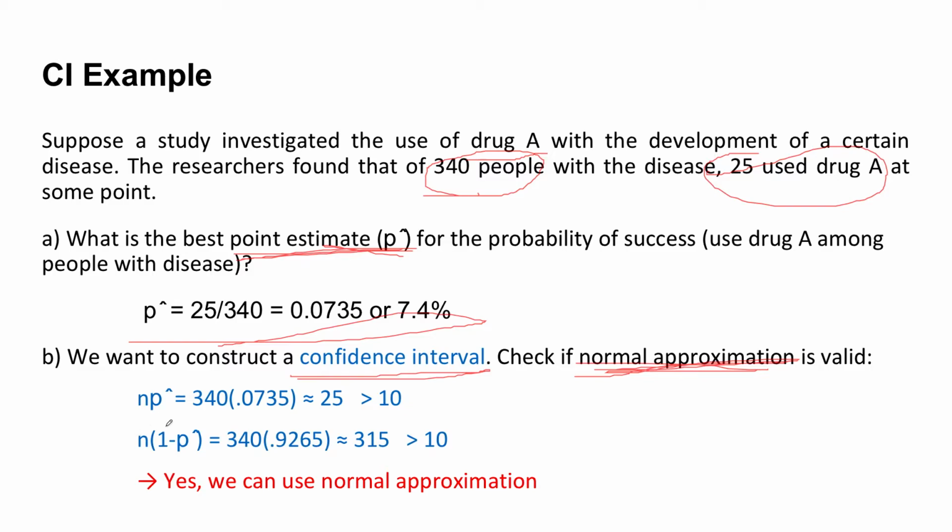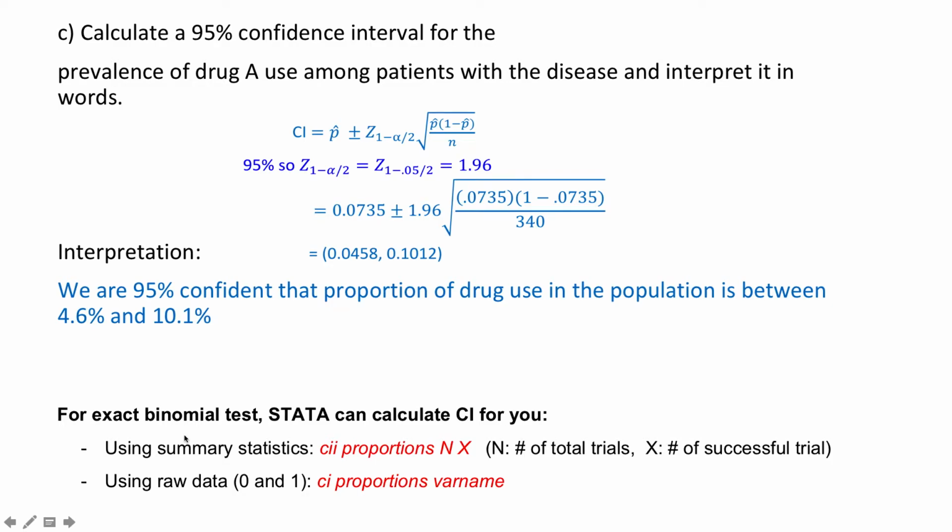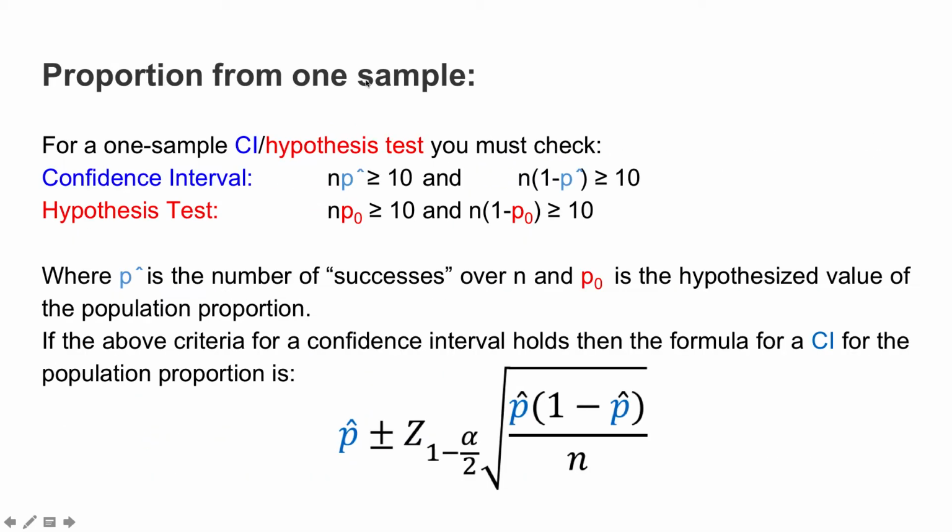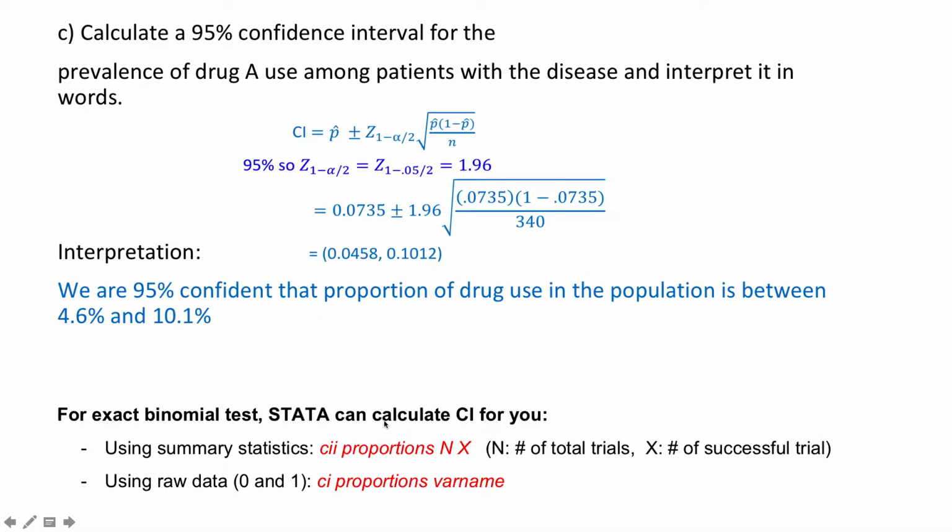So we're just gonna do NP and NQ. Because it's greater than 10, it is met. And then calculate this 95% confidence interval. That's just this formula here. Just plug everything in.